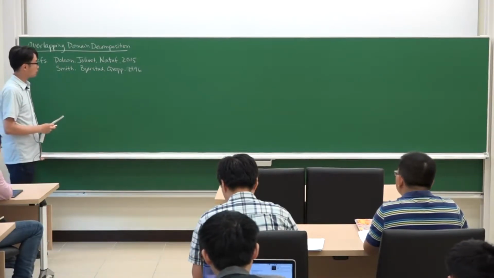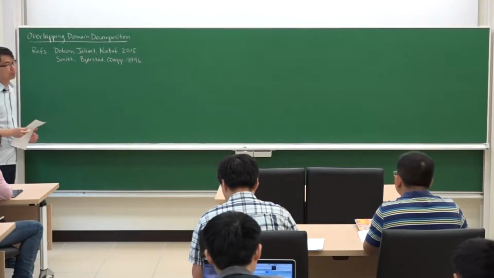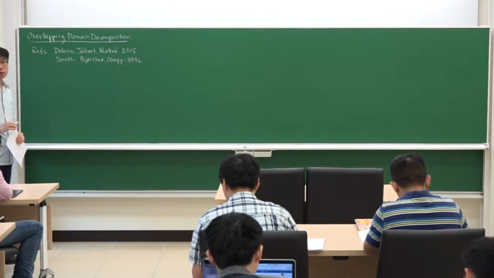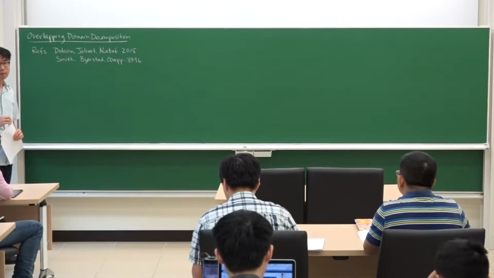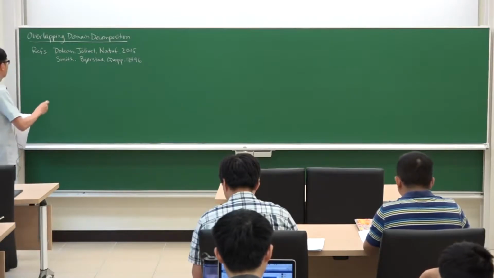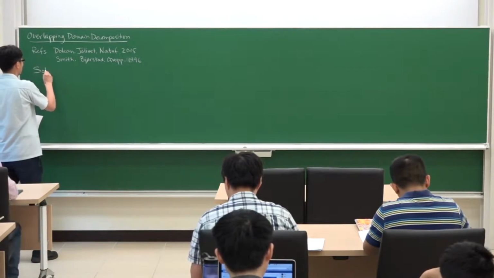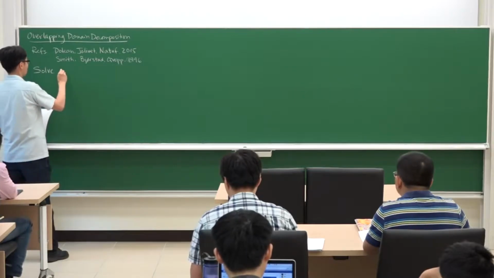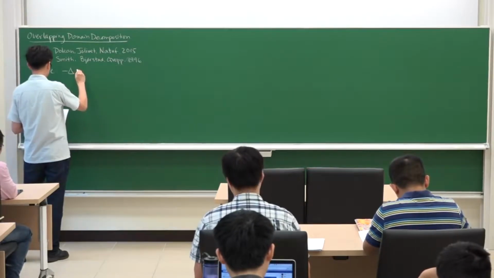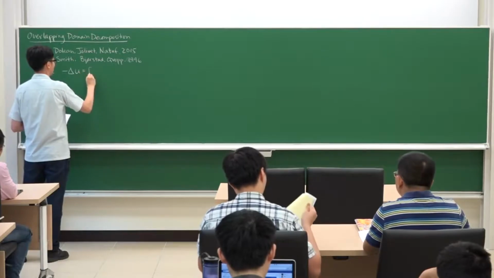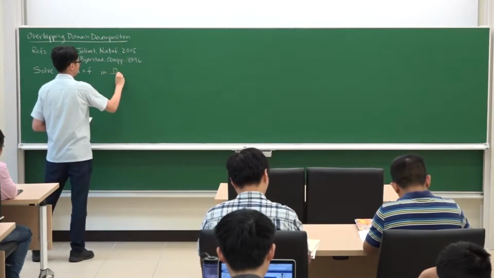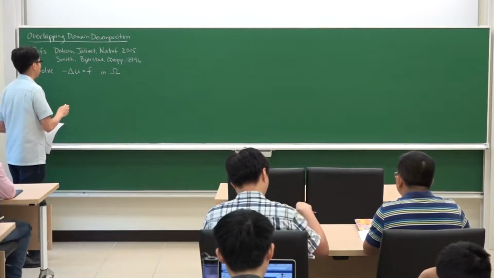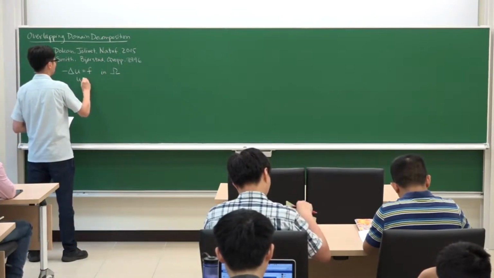Okay? So like last time, I'm going to start with the differential problem and then look at the algebraic interpretation of these methods expressed in differential form. And as usual, we're going to solve this Poisson problem in a domain omega, and we'll use Dirichlet boundary conditions.